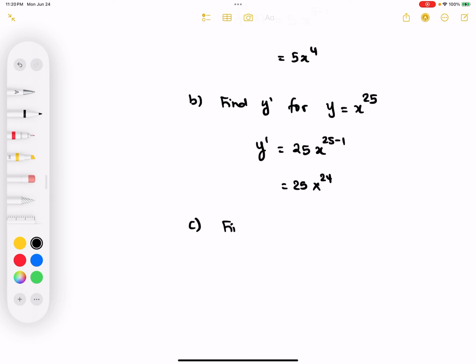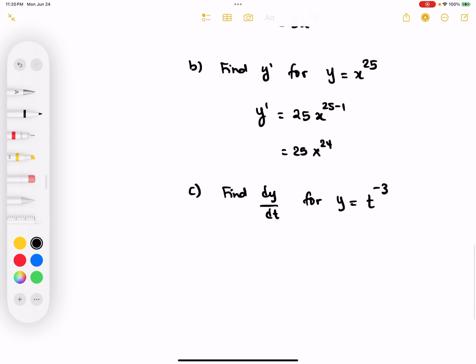Find dy by dt for y is equal to t to the negative 3. Remember, n is any real number, so dy by dt is equal to negative 3 down, t to the negative 3 minus 1.